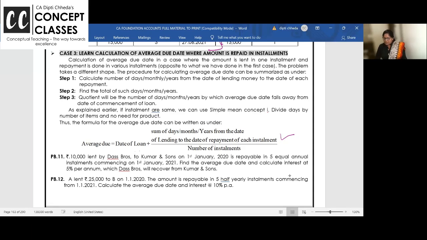One minute. It's a very easy problem. Let me read it. Date of loan, sum of days, months, years. As you wish, you can do. Generally, students always do, and all the books are also doing with months. From the date of lending to repayment, number of installments.